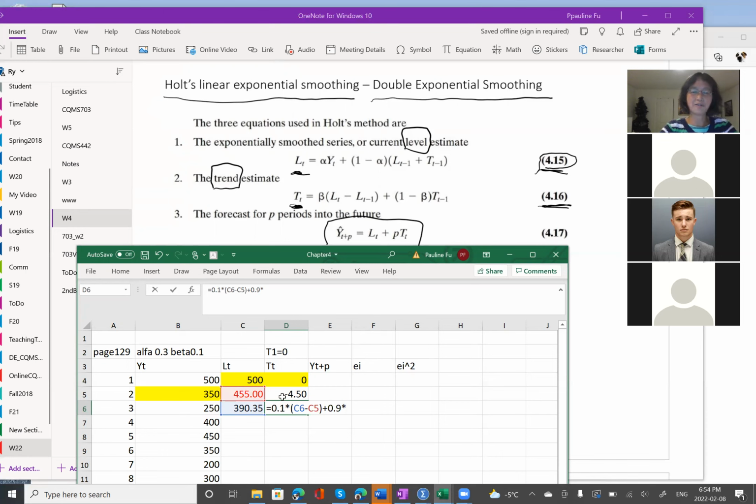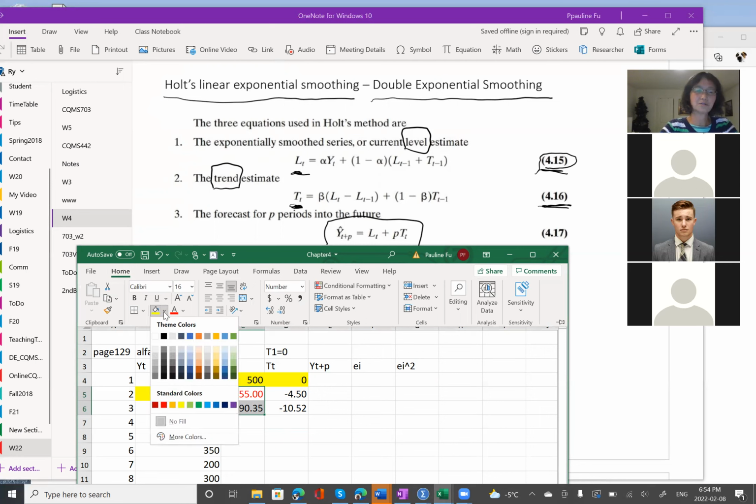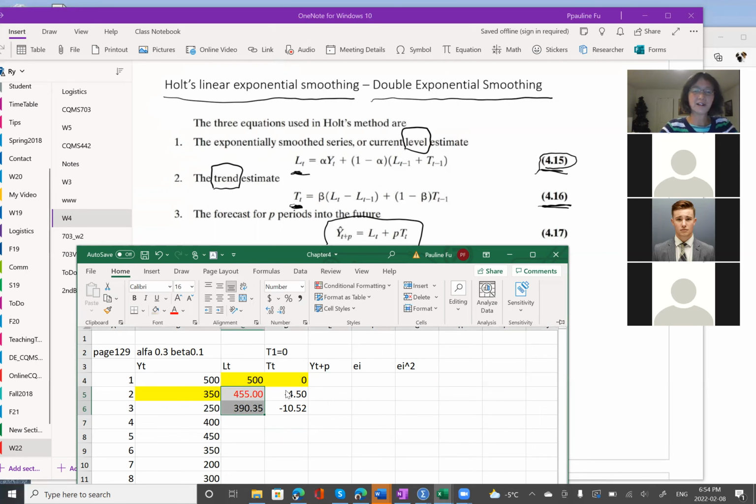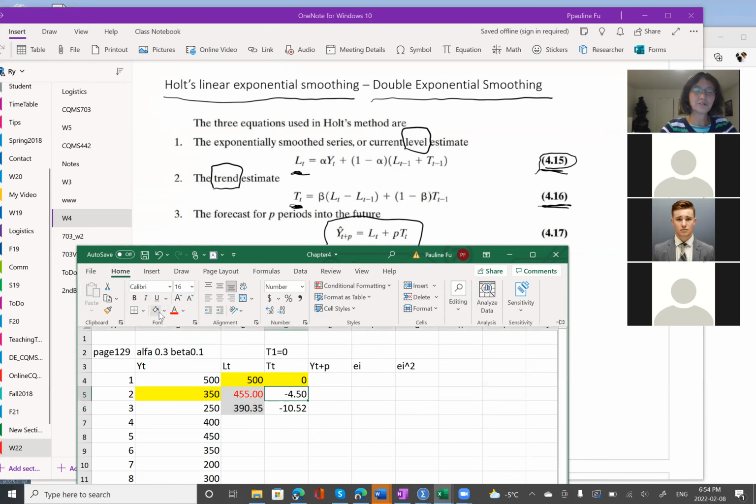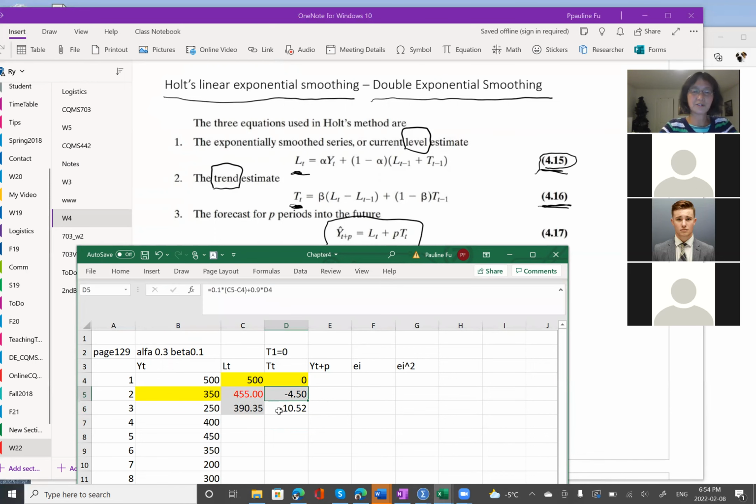The number above. So when you calculate T, you always use 2 numbers on the left, I'll try to highlight, 2 numbers on the left and 1 number above. I'll try to use the same color here. So you get a negative 10.5.